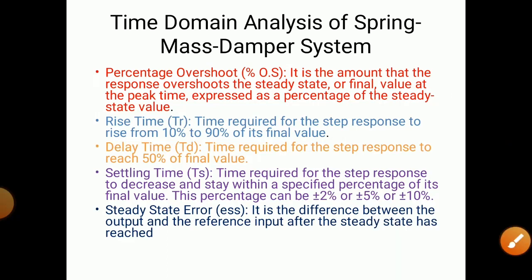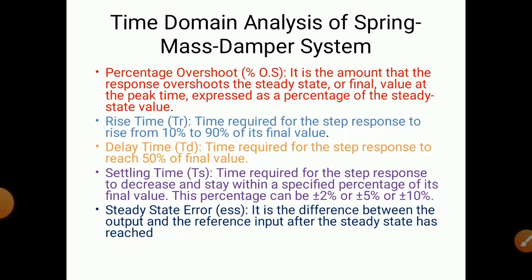Now rise time: the time required for the step response to rise from 10% to 90% of its final value. What is delay time? The time required for the step response to reach 50% of its final value. Settling time is the time required for the step response to decrease and stay within a specified percentage of its final value, meaning the time when the output gets settled down, within plus or minus 2, 5 or 10% error.